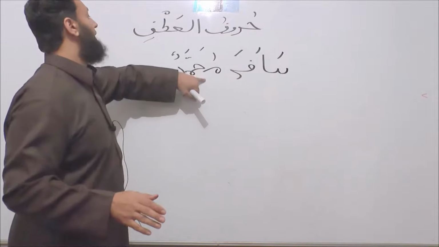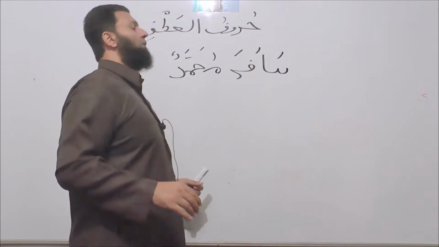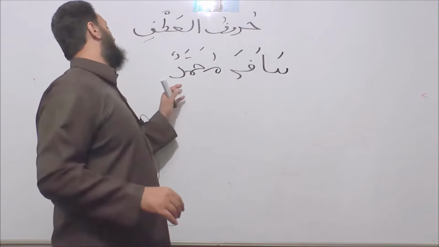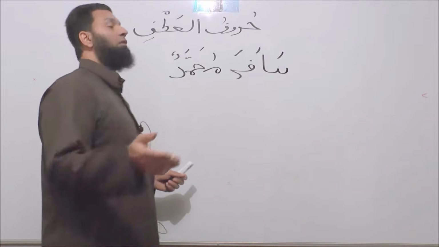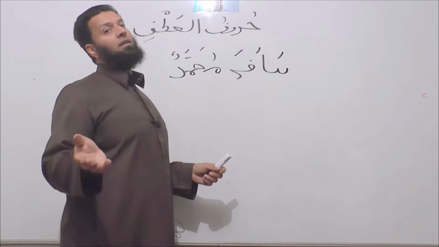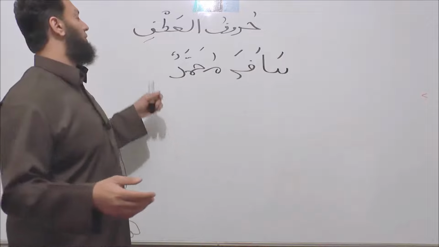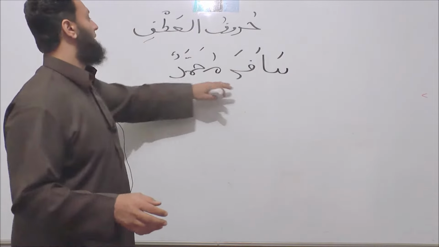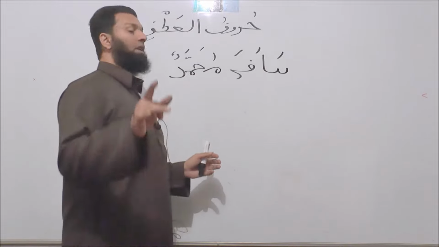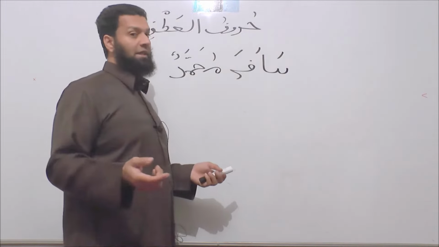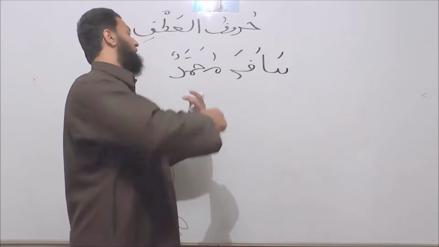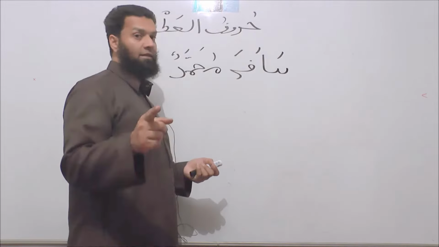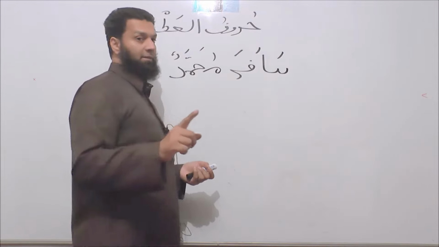Right? Then we have the fa'ilun marfu'un wa alamatu raf'ihi. The indicator of it being marfu'un is الضمة الظاهرة على آخره. Right? Safara Muhammadun. Now, we want to say Muhammad travelled and Ahmed.